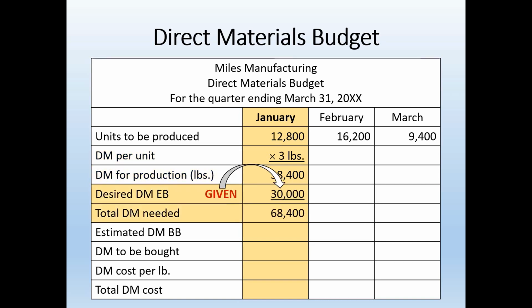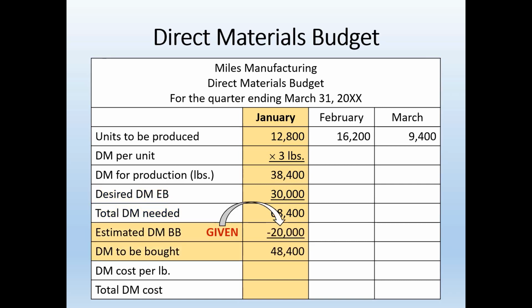In addition, we were told that the firm wants to end January going into February with an additional 30,000 pounds of material. So the amount that the firm needs for production plus the firm's desired direct materials ending balance tells us how many pounds of material the firm needs.